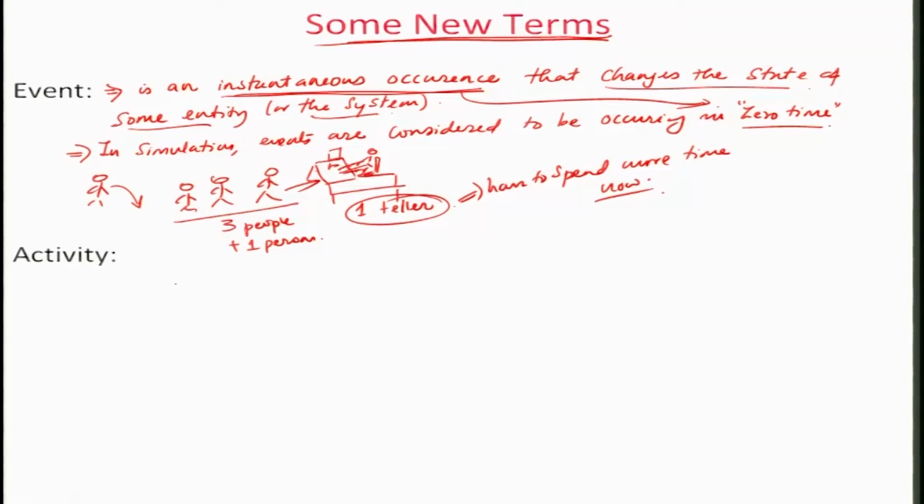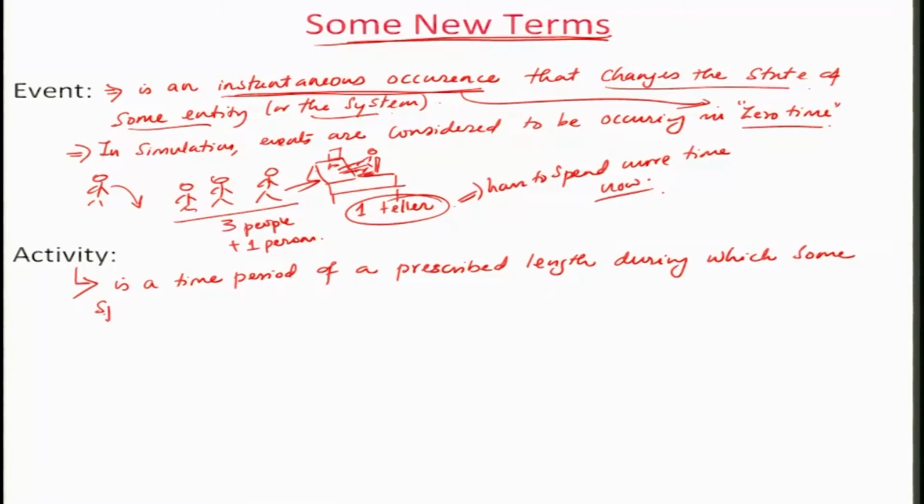Then we talk about what we call an activity. An activity is a time period of a prescribed length during which some specific task is completed.